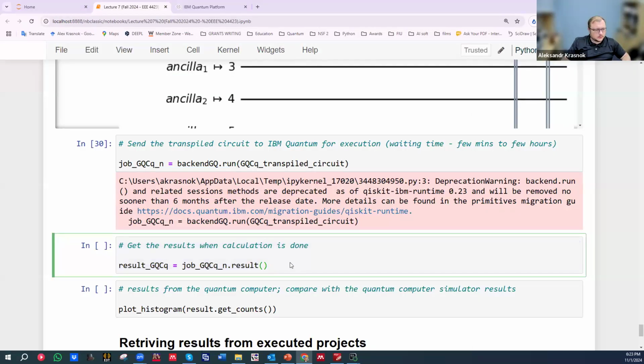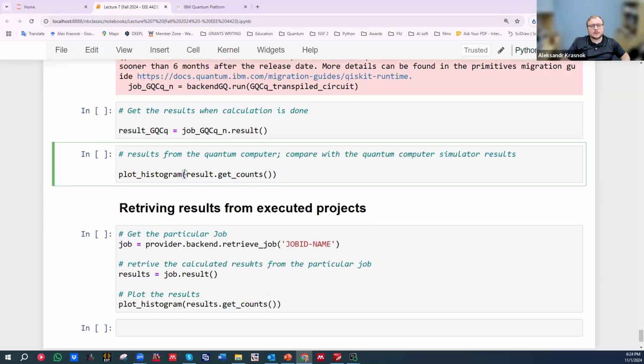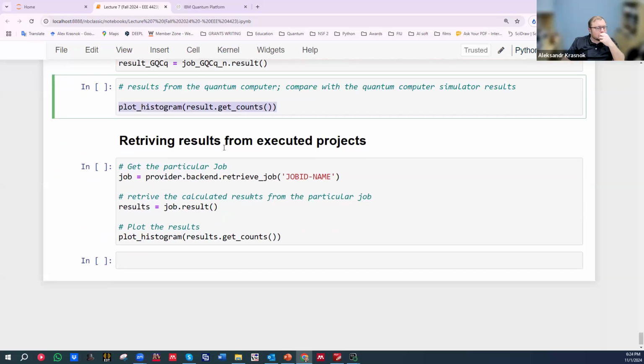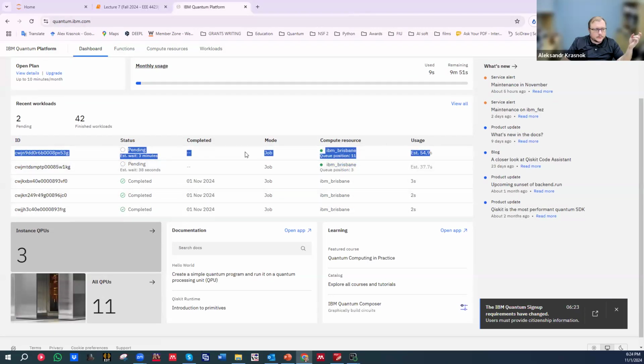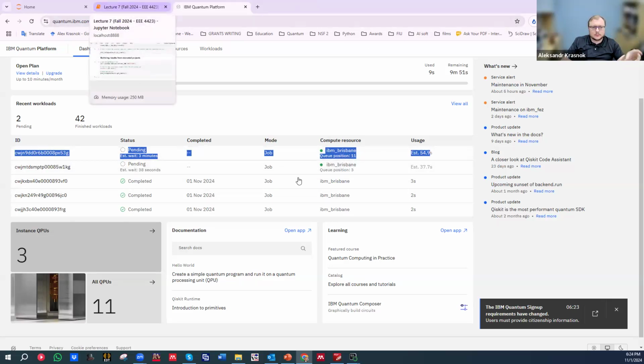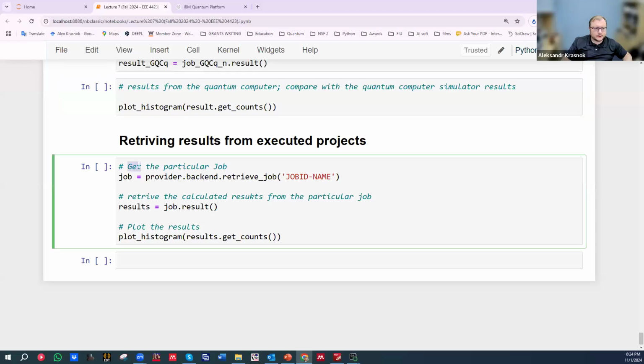and when it will be done, I will run to get my results and present them using the histogram and so on. Of course, like in my case, I have many projects executed, right? Of course, I can retrieve the data from those projects, and this is the piece of code how to do so, right?